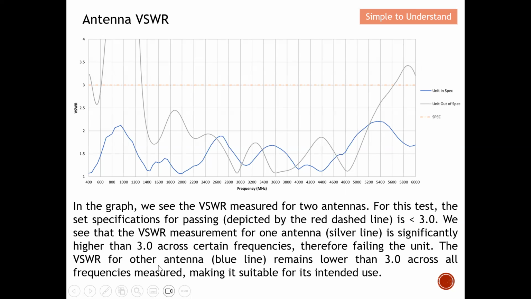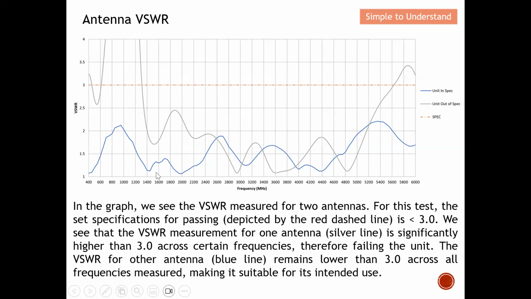The VSWR for the other antenna, the blue one, always remains lower than 3 across all frequencies. Hence, it is suitable for this intended use, which means that the blue one will be suitable to use in this frequency zone here. So from here you can see that how I select the antenna will be by the VSWR.